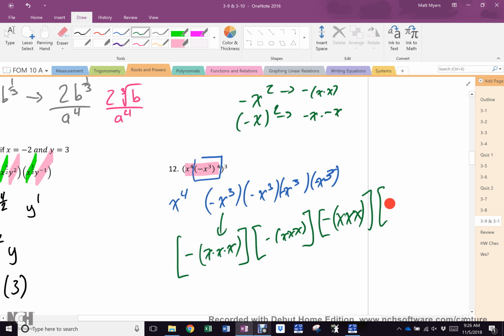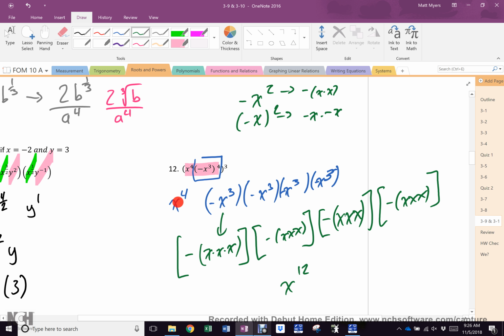And the last one, negative xxx, correct? How many x's do you see? X to the what? 12. What's negative times a negative times a negative times a negative? So this blue box is really x to the 12th, isn't it?